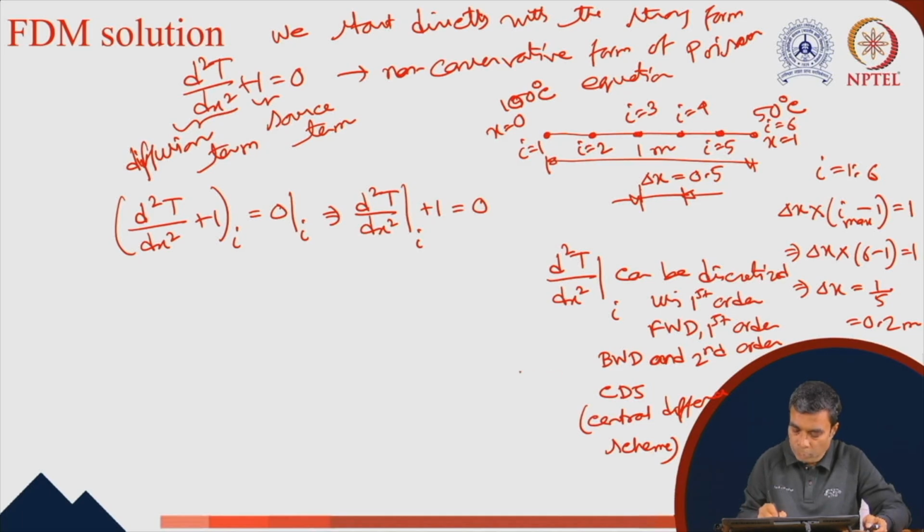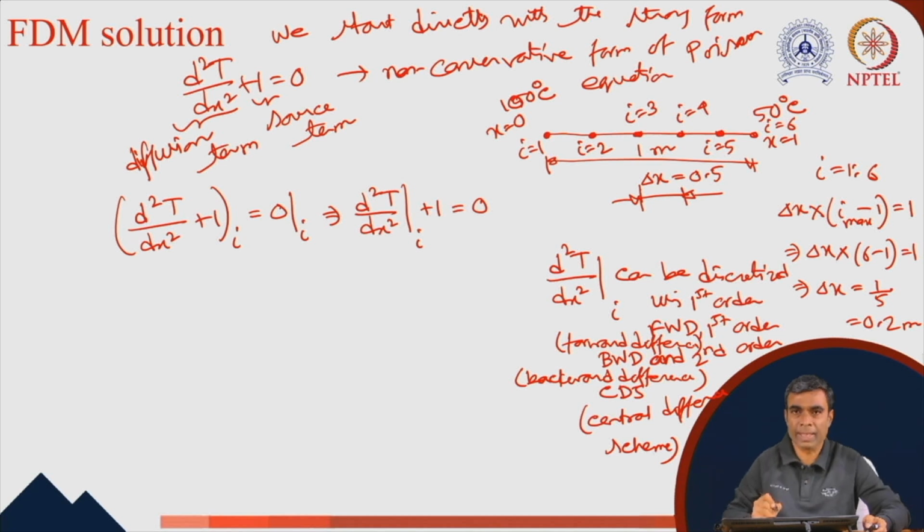So BWD stands for backward difference, FWD stands for forward difference. It means that for the second derivative, there are 3 possibilities. We can choose either forward difference or backward difference or the central difference.